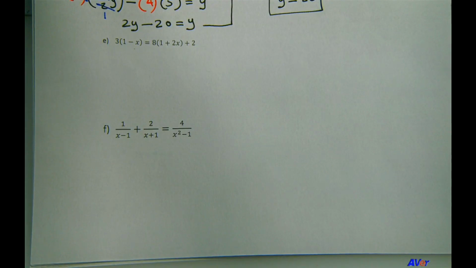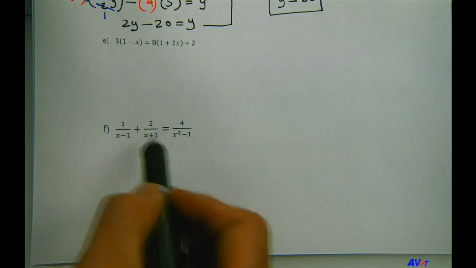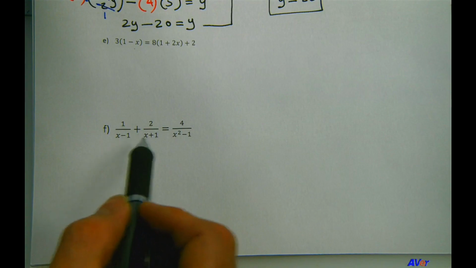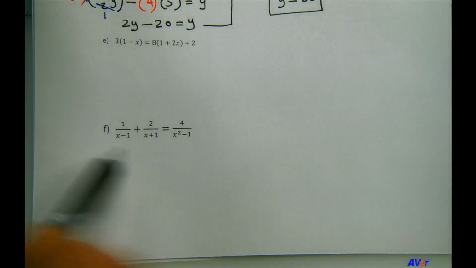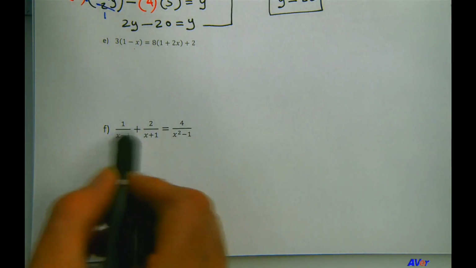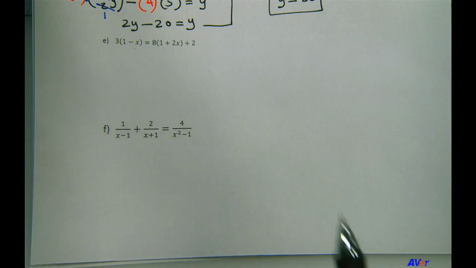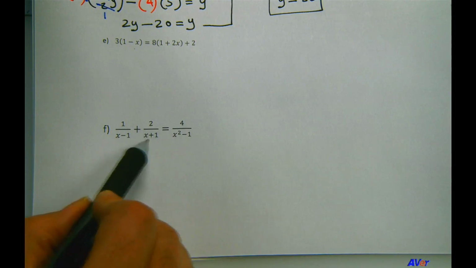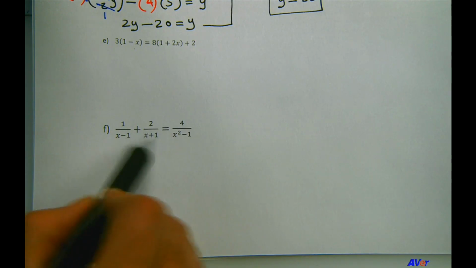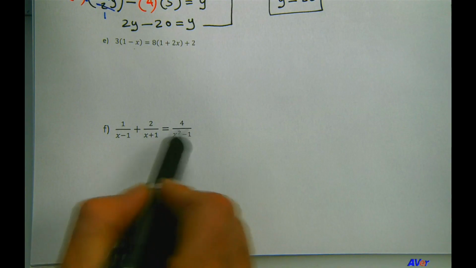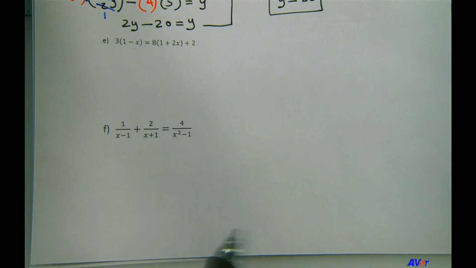They group terms. So we're going to take a look at this next, but ahead of time, take a look at this. This fraction groups the terms x minus 1. This fraction groups x plus 1. It puts the x plus 1 in a group. This fraction groups x squared minus 1.